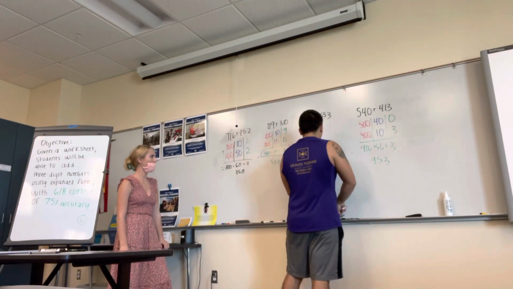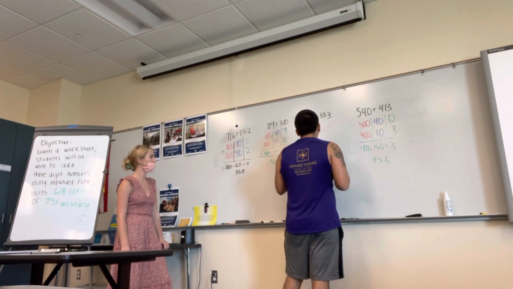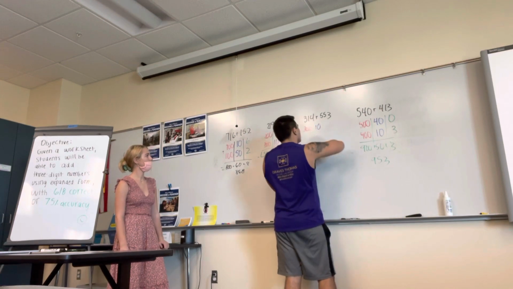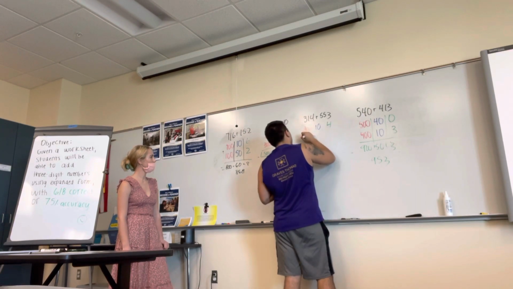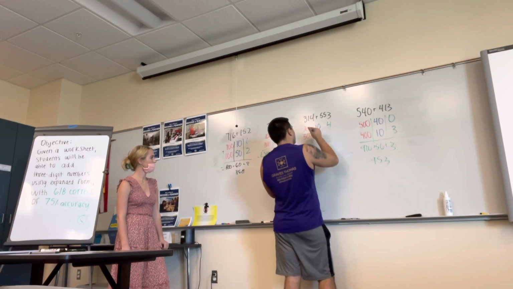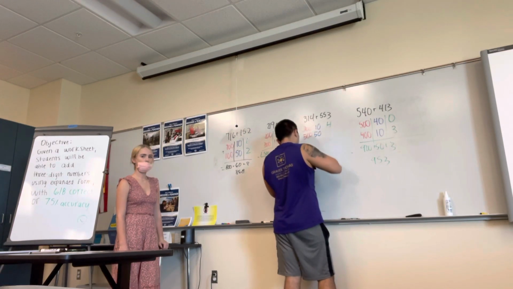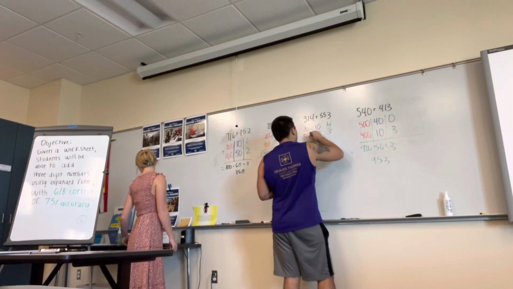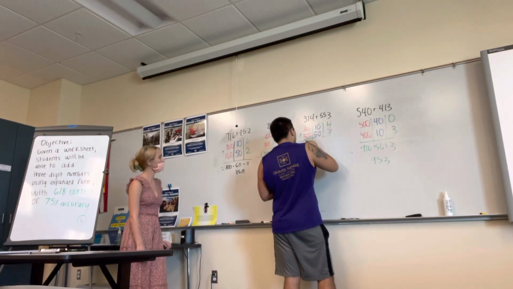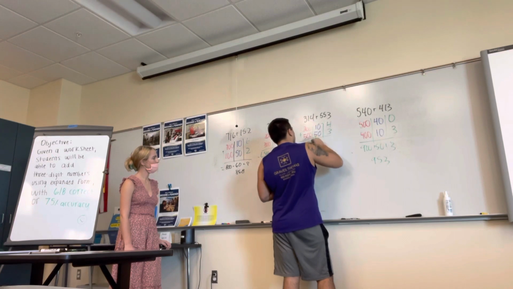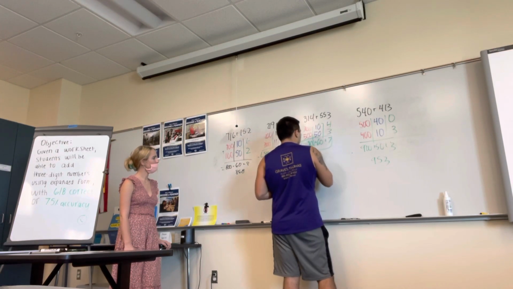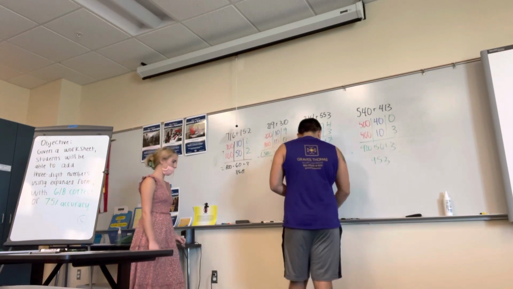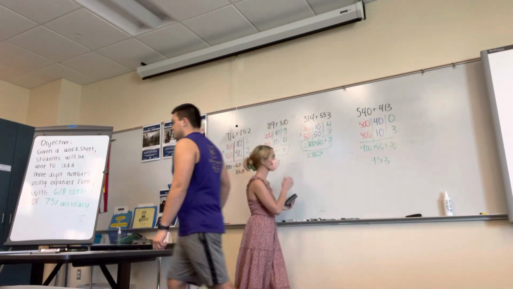Expanded form, which is breaking the numbers down by their place values. 4, then for 553, and then this is still expanded form, and this equals 867. Great job. I know Joseph met his objective goal today.